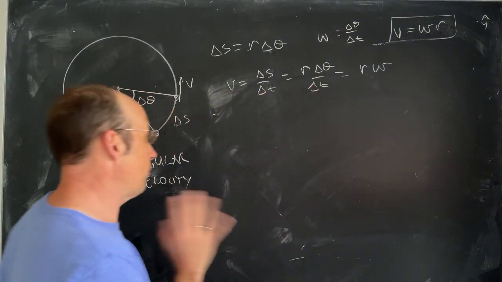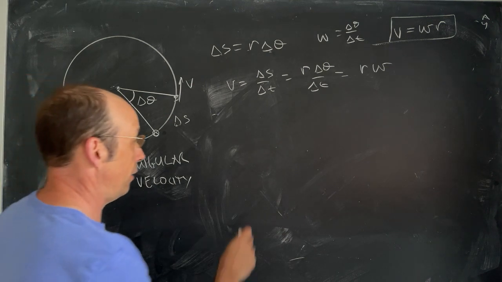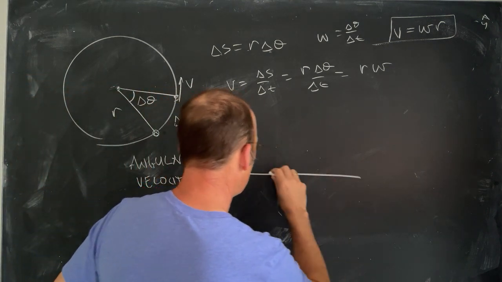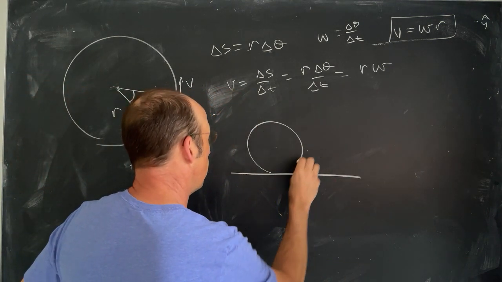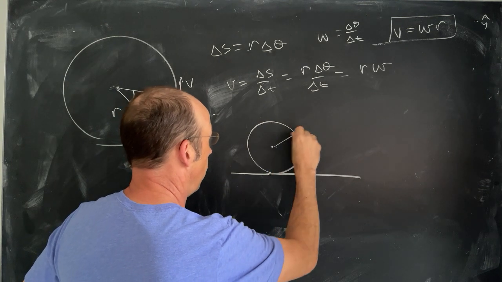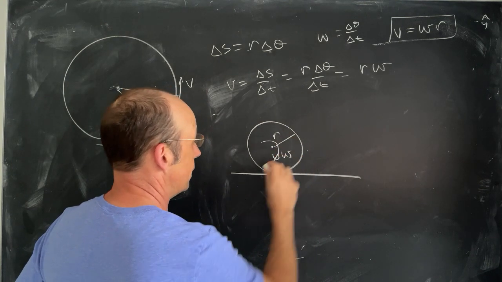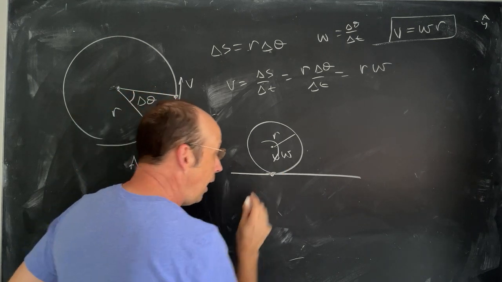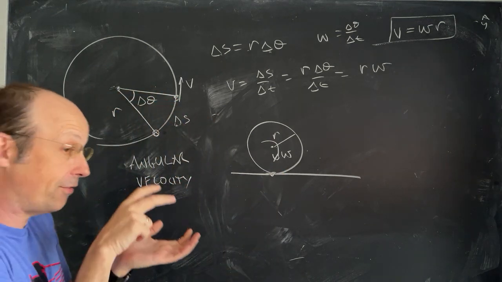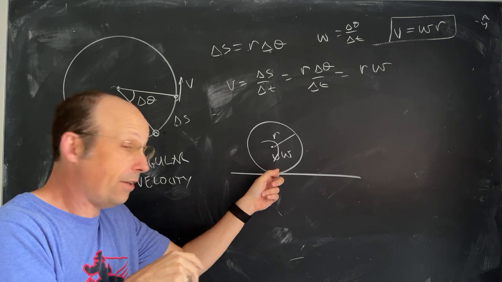Now there is something that comes up a lot, and it is important to talk about, and that's rolling objects. So imagine I have a wheel of radius r, and it's rolling this way with an angular velocity omega. Well, if it's rolling without slipping, this contact point right here does not move when it's in contact.